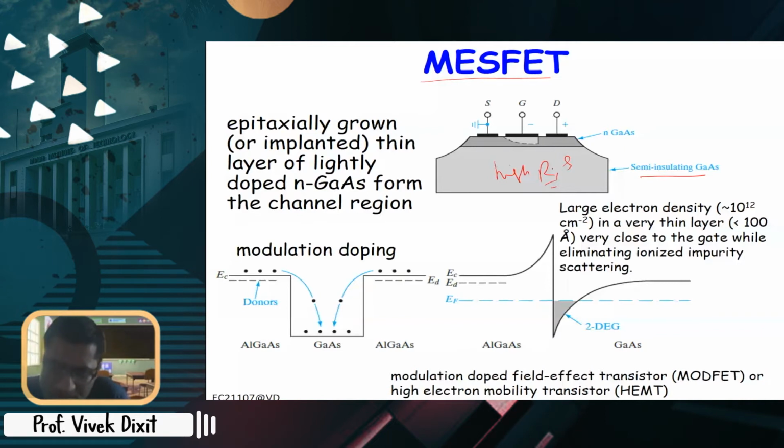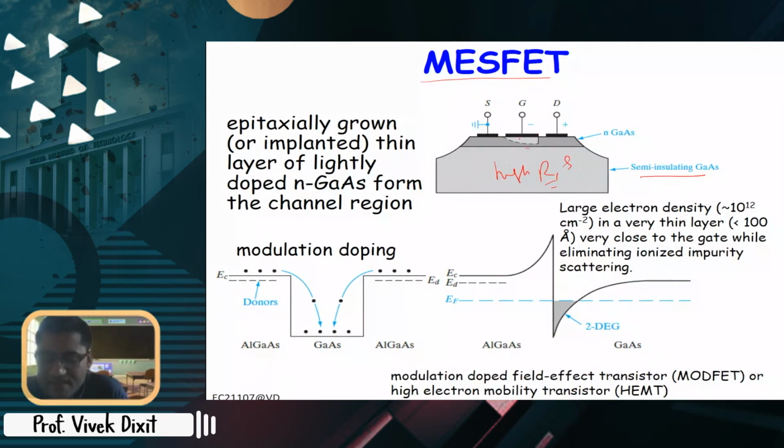So the purpose is basically it is used to isolate the different devices that are there on the same substrate because the conductivity is very less. Then a thin layer is epitaxially grown, right? Later people use implantation also, but very thin layer, so that by depletion region you can cover almost all the layers, so that channel is blocked. And then metal is deposited.